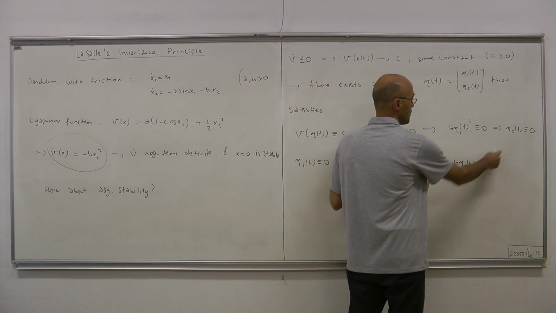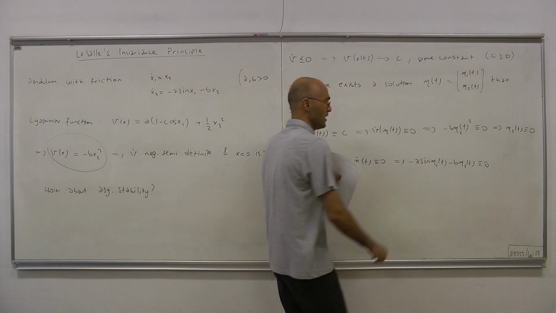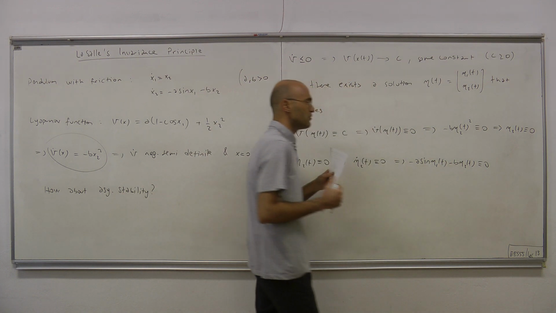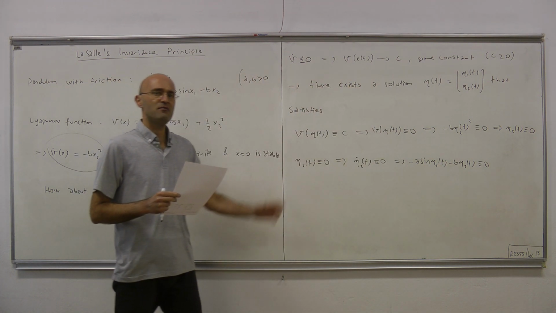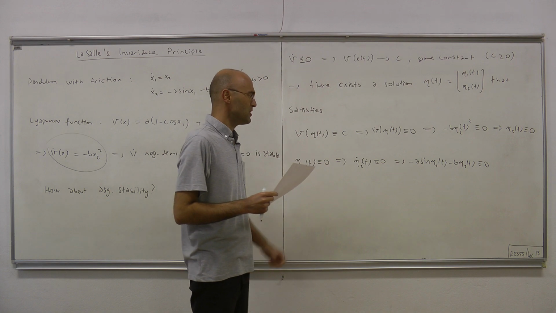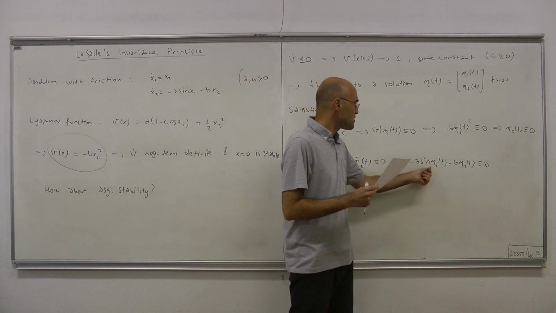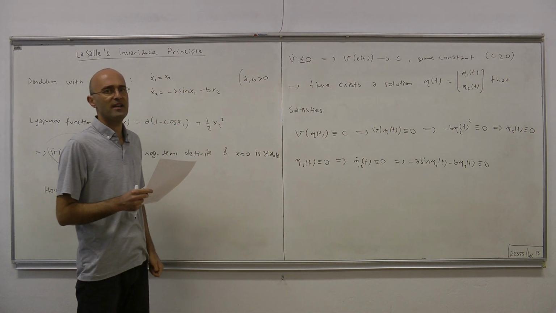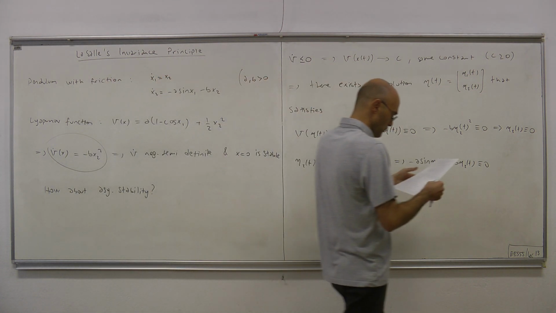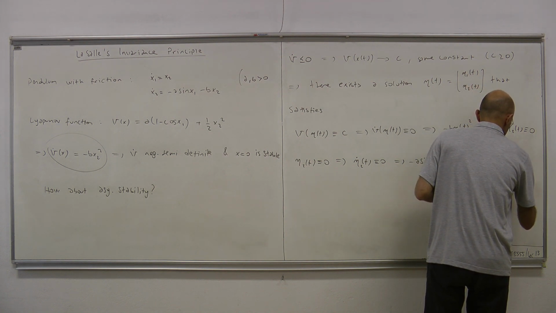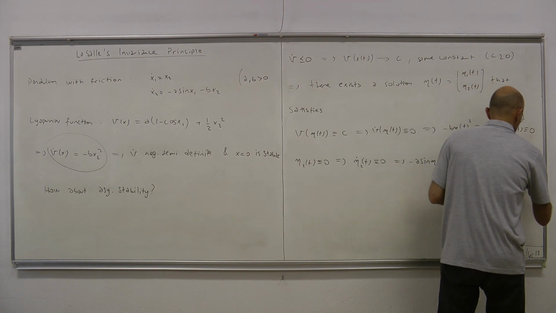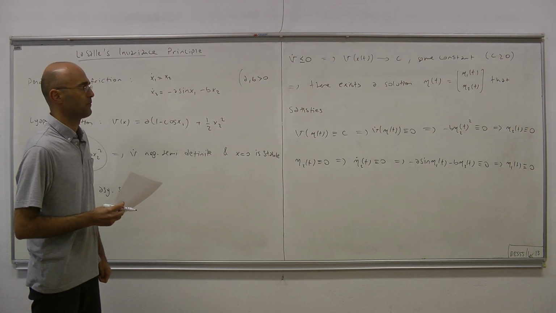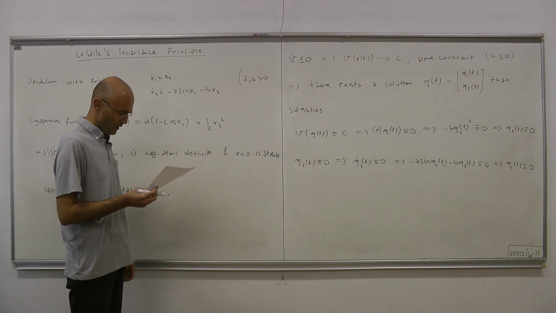And now eta 2 of t was zero, therefore we can just forget about this term, and what we have is sine of eta 1 of t identically zero. We are in some close neighborhood of the origin, and in the close neighborhood of the origin, sine of eta 1 of t equals zero has one solution, and that's eta 1 equals zero. So that implies eta 1 of t must be identically zero in some neighborhood of the origin.